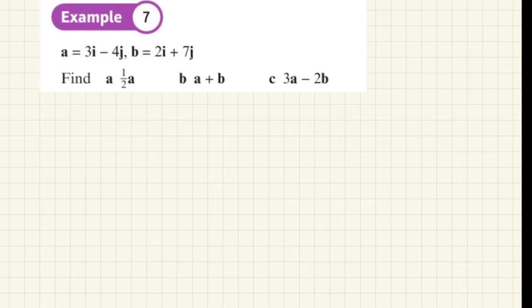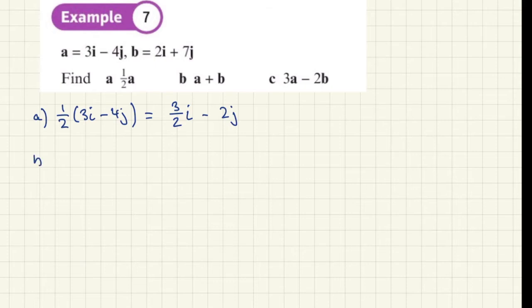Example 7. A equals 3i minus 4j and B equals 2i plus 7j. For part A, we're asked to find a half of A. A half of A will be a half of 3i minus 4j, which is going to be 3 over 2 i minus 2j.